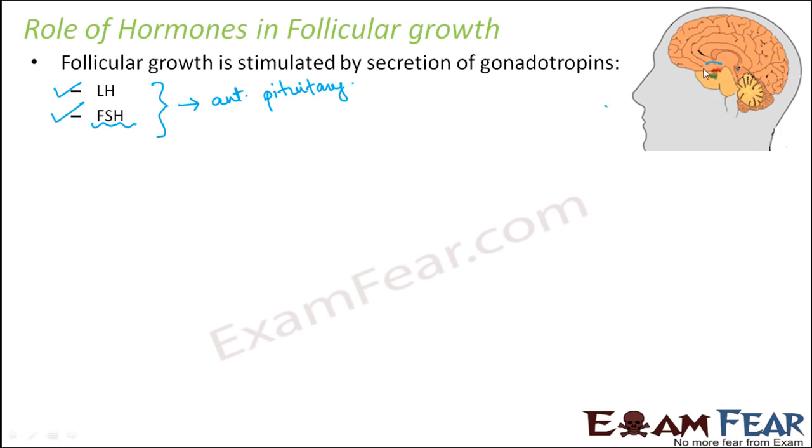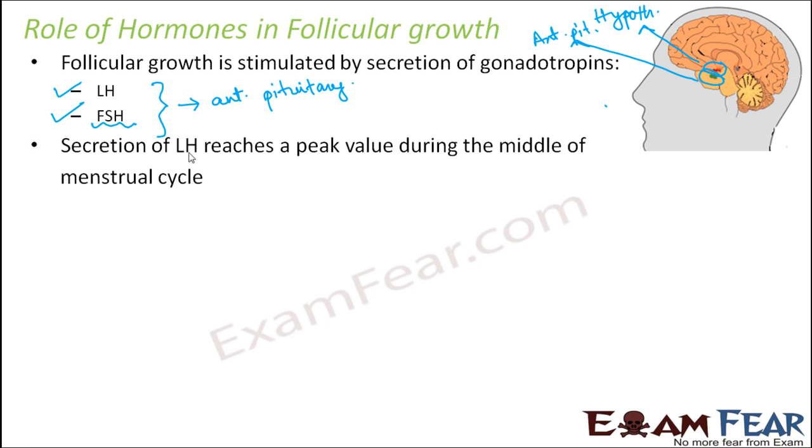If you see here, this one is the hypothalamus, and this hypothalamus instructs the anterior pituitary to secrete these hormones, and then these hormones act on the ovary and stimulate the process of follicular growth.